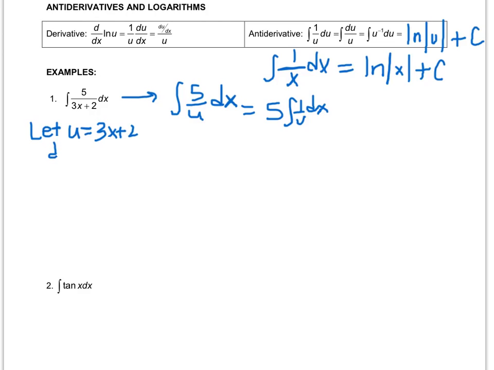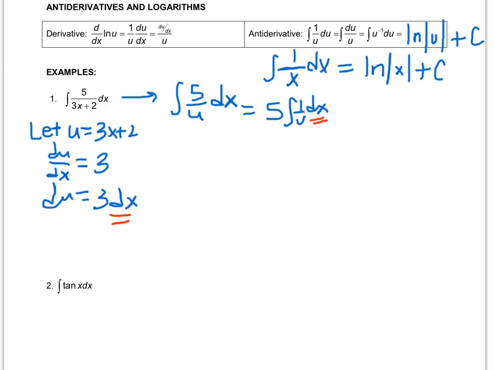Go back over to your u equation, take the derivative of that, and you'll end up with a 3. That means that du equals 3 dx. dx was all I was trying to get rid of over here.